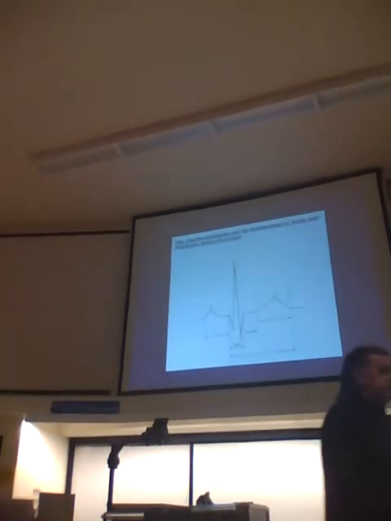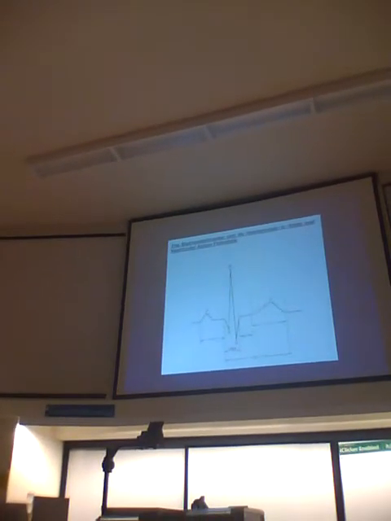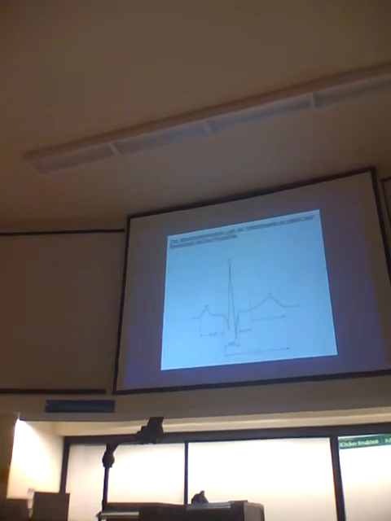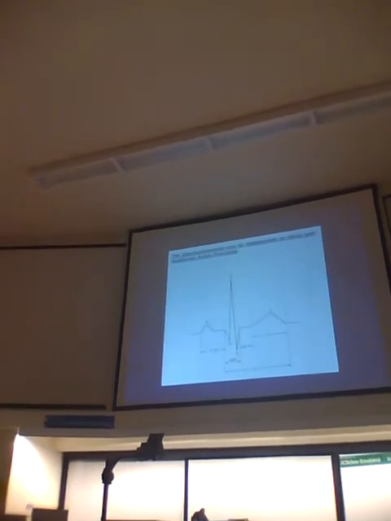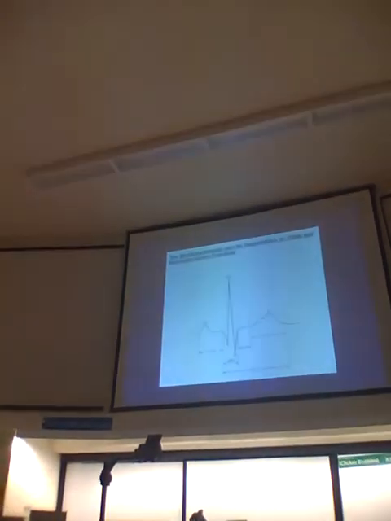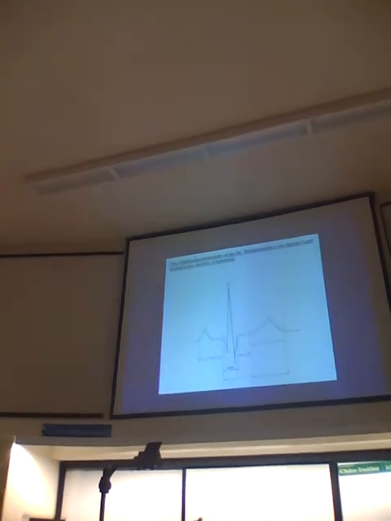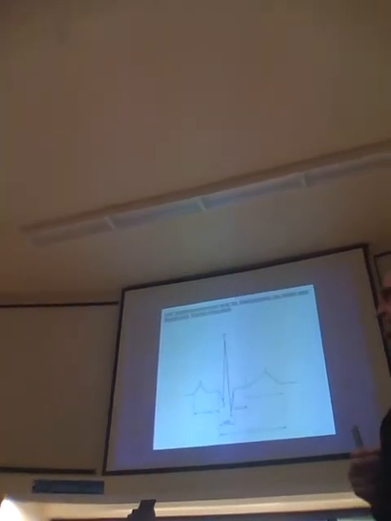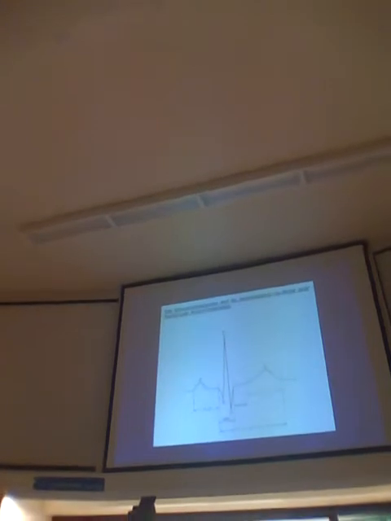This is a very schematic representation. If you go and see your sick aunt in the hospital, it's not going to look like this. It's going to look a little different because in hospitals for monitoring, they use different lead configurations. This is sort of a classical look of an EKG in the textbooks. So you have something called a P wave.